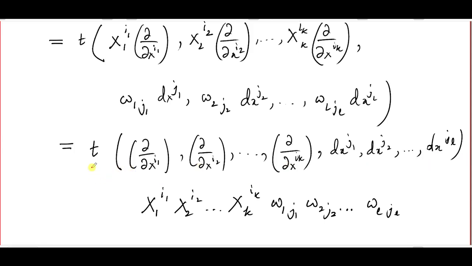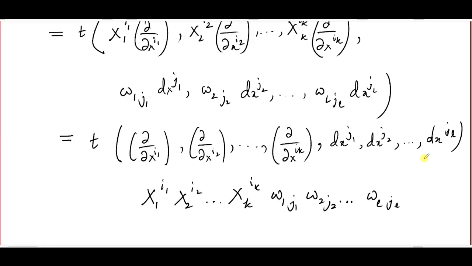It's easy to see that this bunch of functions is not a single function, of course. You get one such function for each value of i1, i2, ik, j1, j2, jl. So these are really n to the k plus l functions. They completely specify what the tensor is going to do to every set of arguments. Essentially, they tell you what the tensor is.